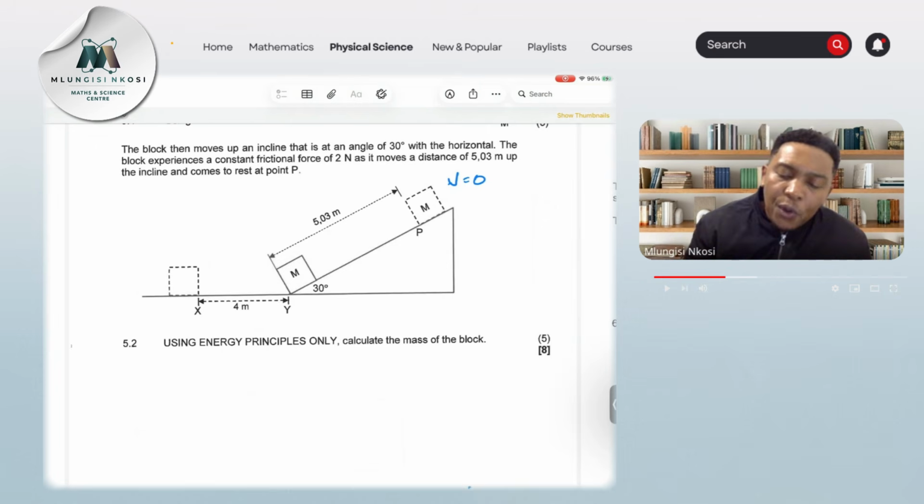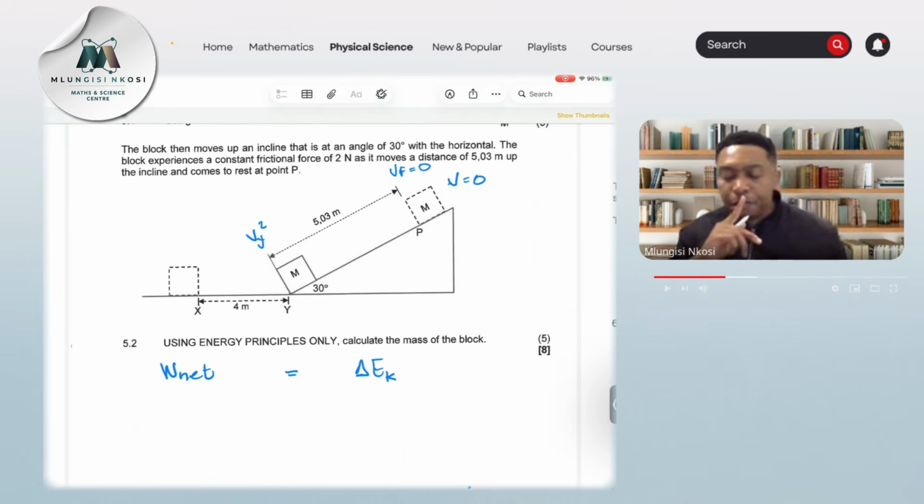Now remember, I've got a value for Vy squared over here, right? And I know that the final velocity is equal to 0. So I'm going to say the net work done is going to be equal to the change in kinetic energy.